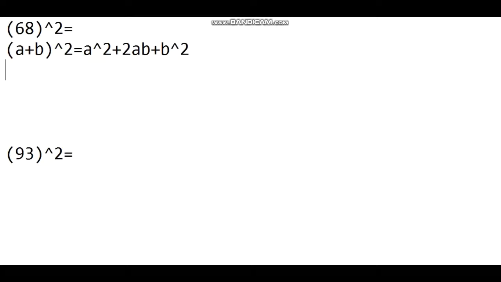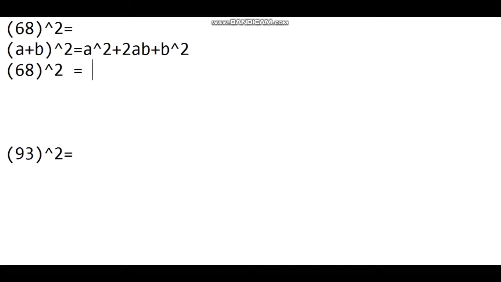Now we have the values of a and b, that is 68 square. I am removing the plus signs, it means there is no plus sign anymore in the equation.